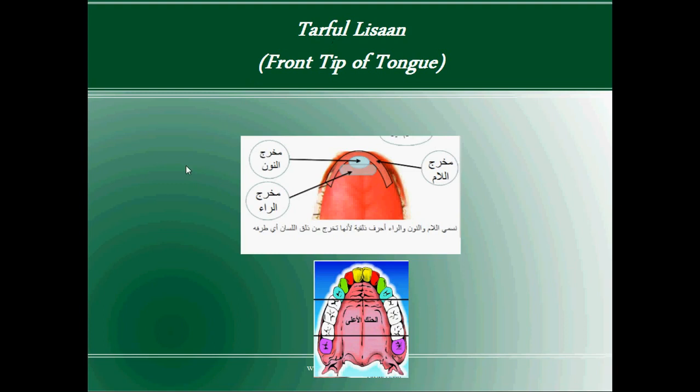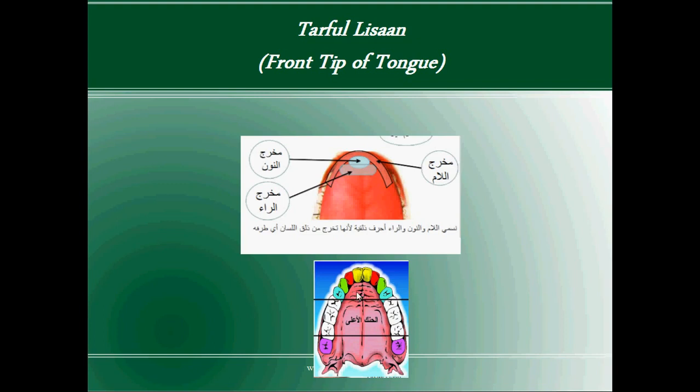Okay, the tip of the tongue. So we talked about lam, which is this portion of the tongue touching the teeth right here. Noon is where you have the tip of the tongue basically touching the gums right here. N. And you have the makhraj of ra, and you use this portion of the tongue, and you're supposed to touch right here.